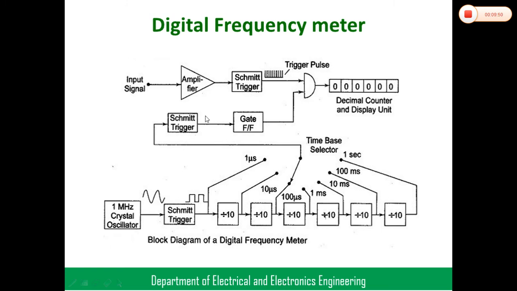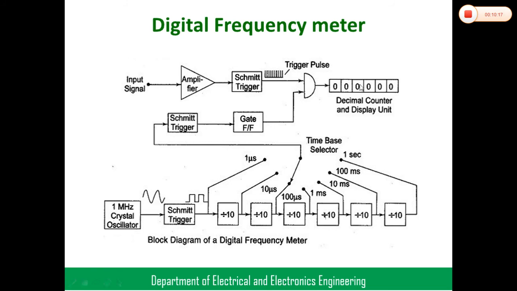Right, next one is the gating circuit. The gating circuit consists of an AND gate. When the enable signal is provided to the gate, it allows the train of pulses to pass through the gate for the time period selected by the gate time circuit. The pulses are counted by the counter.